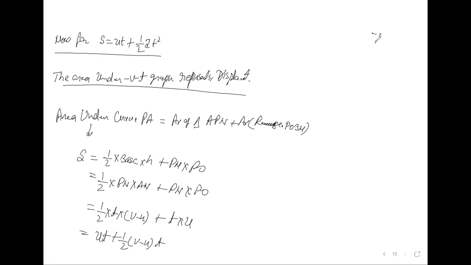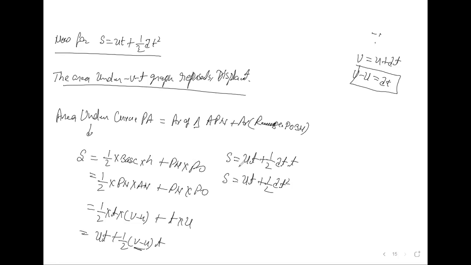In the first equation, we calculated v is equal to u plus at. So v minus u equals at. We put that here, then we have ut plus half t into at. So s is equal to ut plus half at square.